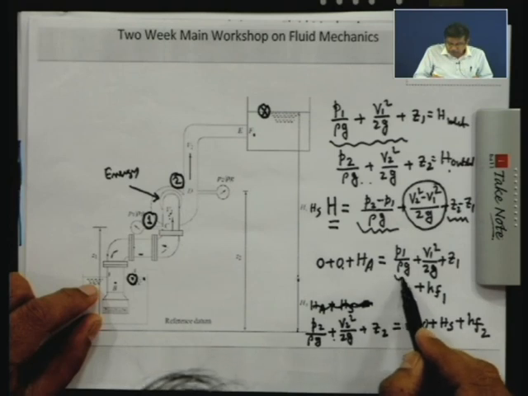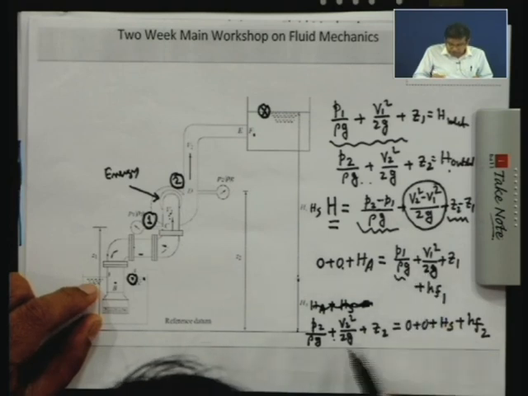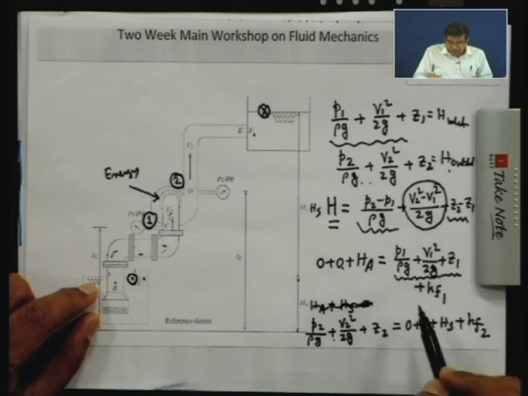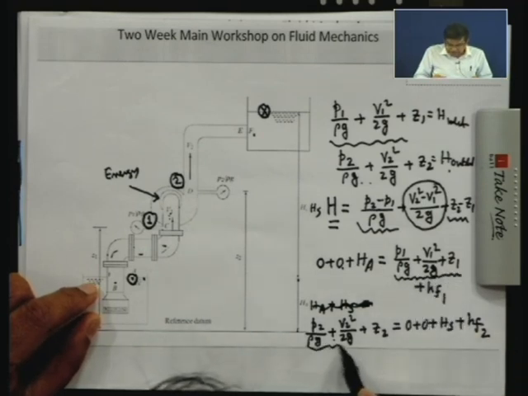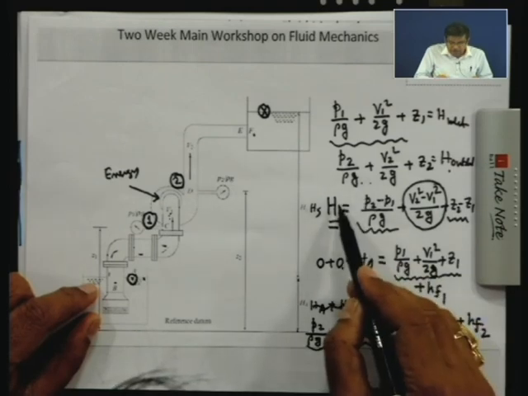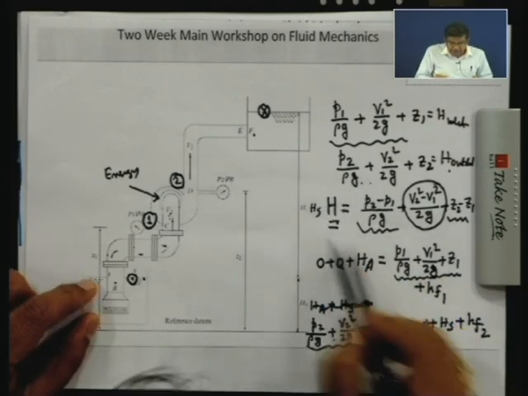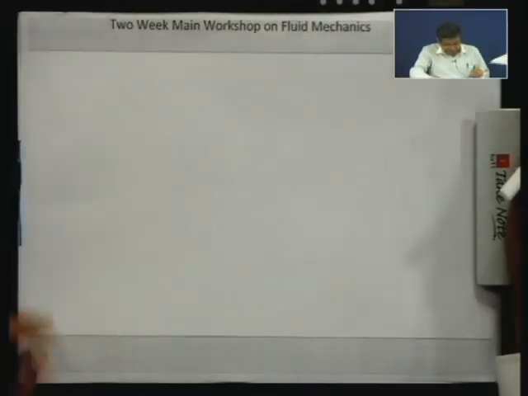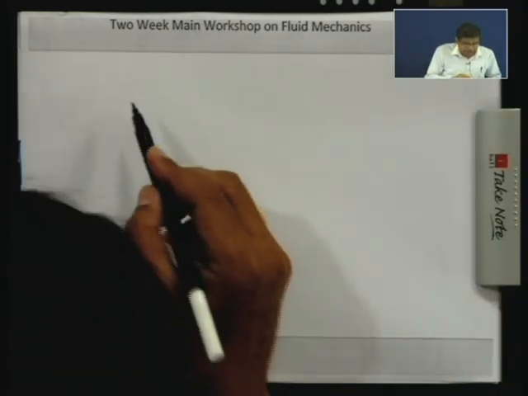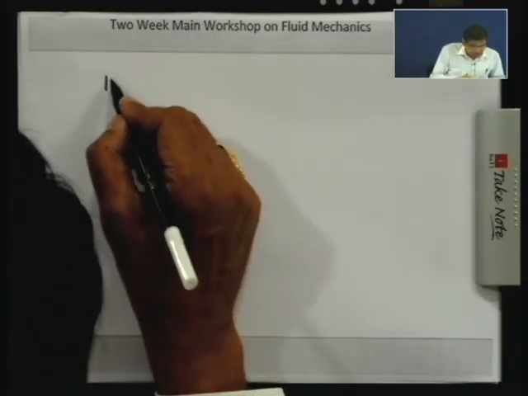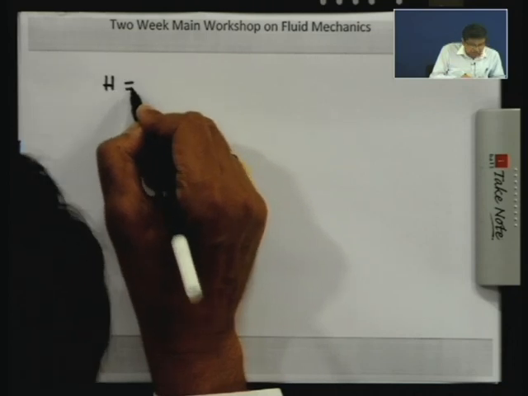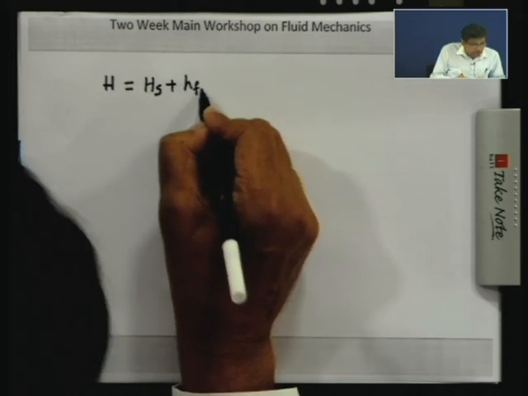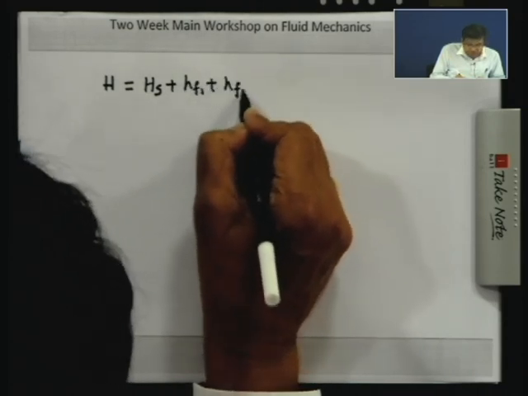That means now you subtract this from this, and substitute this as the head at inlet and this as the head at outlet, and the difference between these two as the head developed by the pump, then you get a relation that H, the head developed, is HS plus HF1 plus HF2.